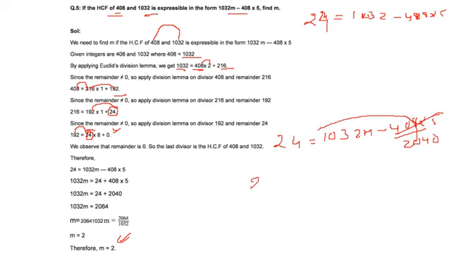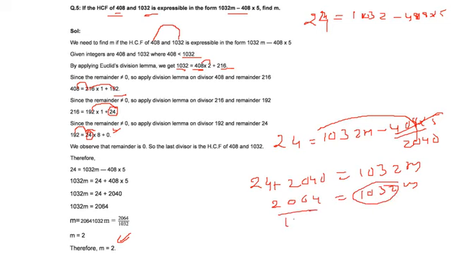So you get 24 plus 2040 equal to 1032m. 24 plus 2040 is 2064. 1032m. Now take 1032 in the denominator. So m is what? 2. So m is 2 here.